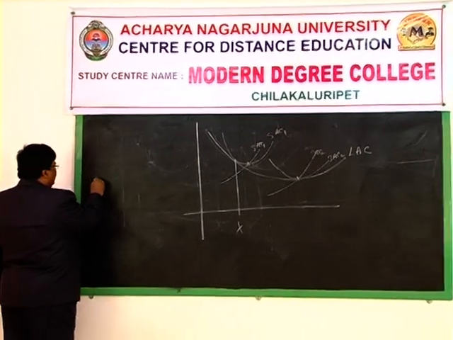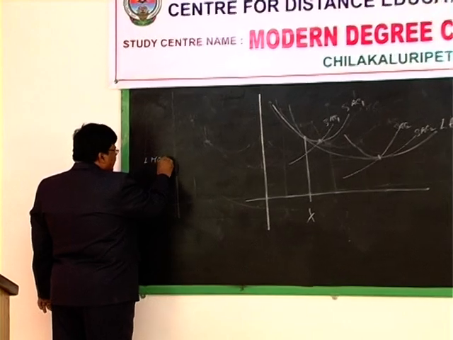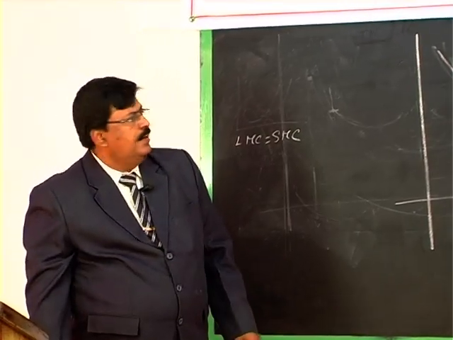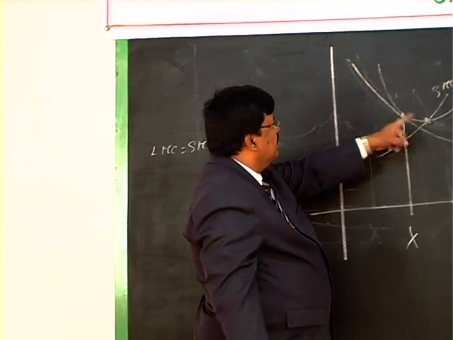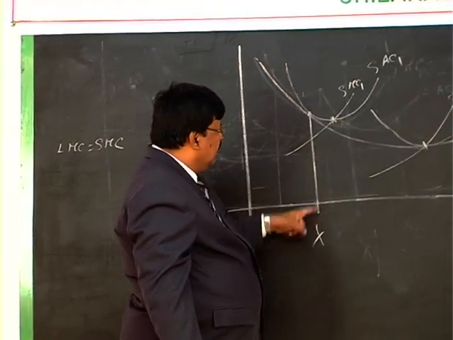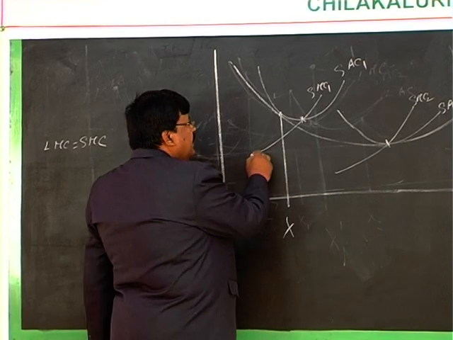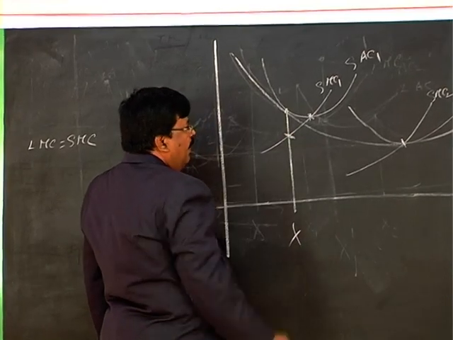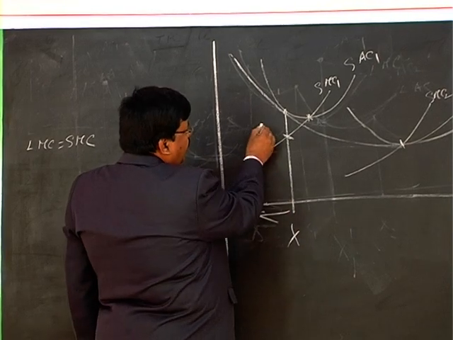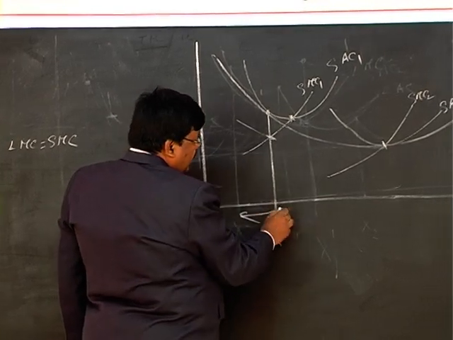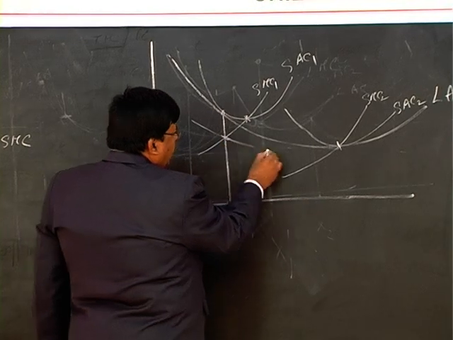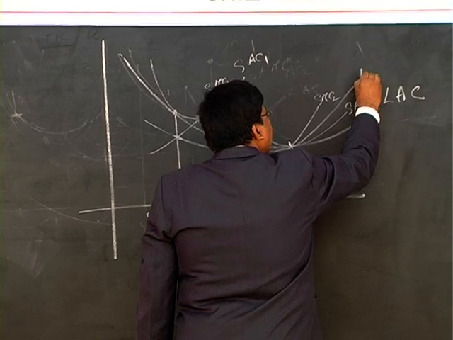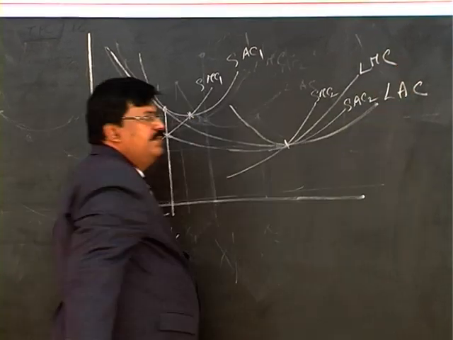So at that point, LMC is equal to SMC, where SAC is tangential to LAC at that rate of output. Long-run marginal cost and short-run marginal cost are equal here. And before this, LMC exceeds, and after this, LMC lies below it like this. This is LMC, the derivation of LMC.